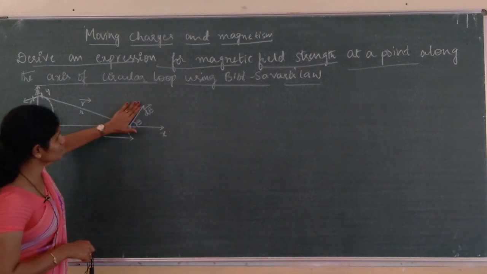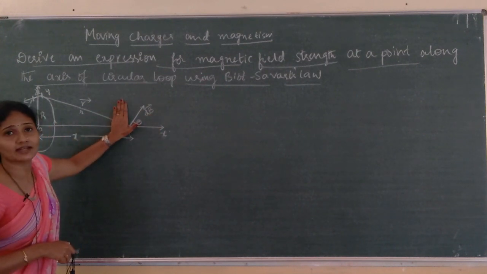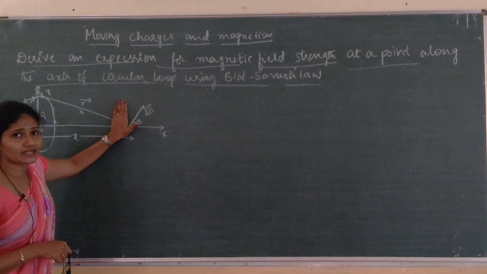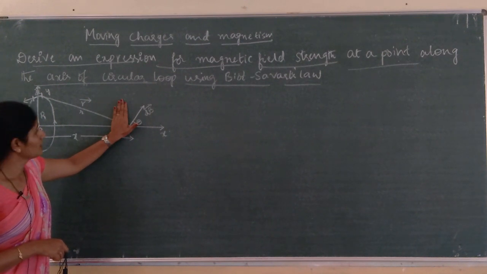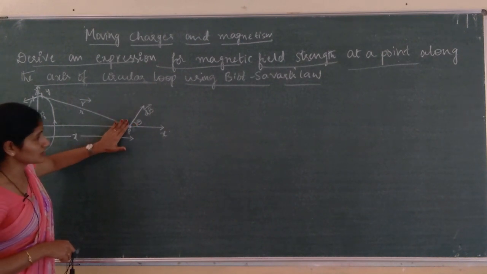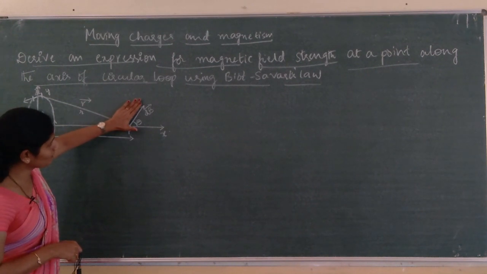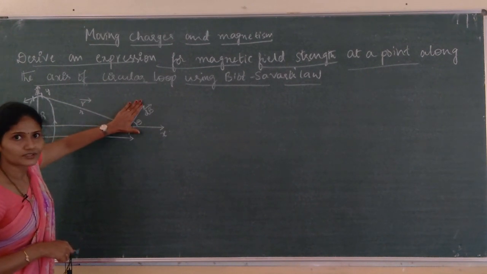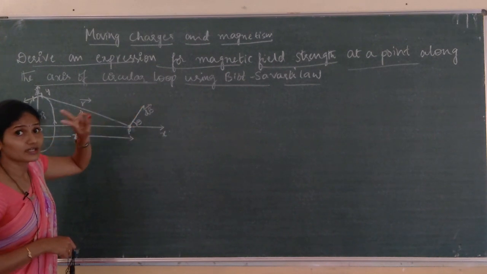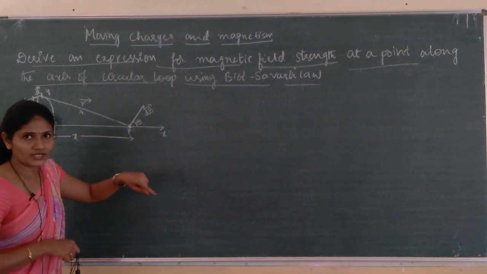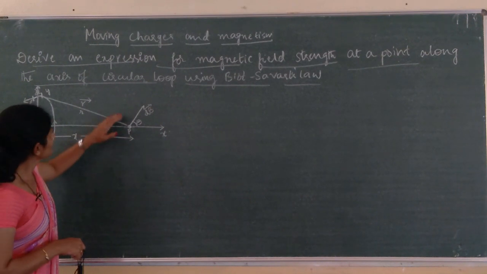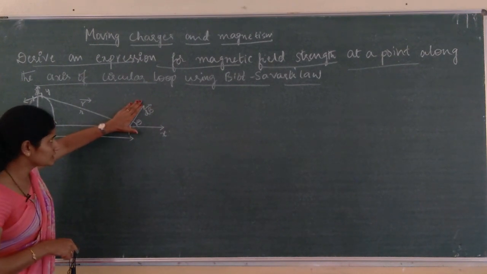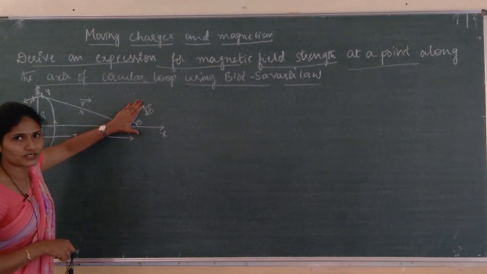If this vector is parallel to the y axis, then it has only a y component and its x component is 0. But here this vector is in the plane, which means it has both components, the x component as well as the y component. So we have to resolve this vector into its components.